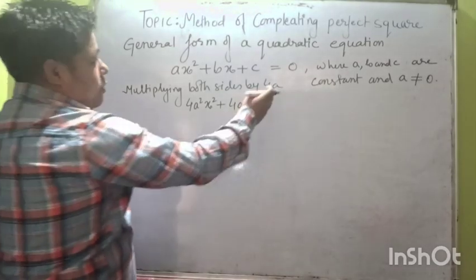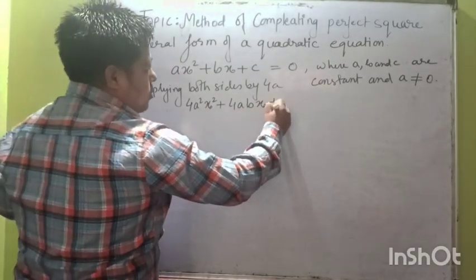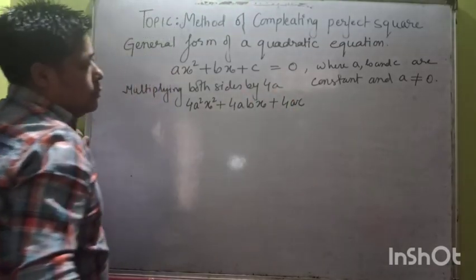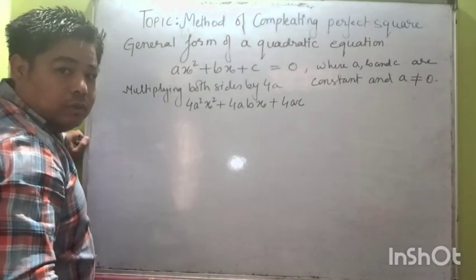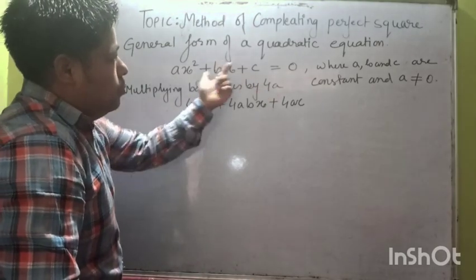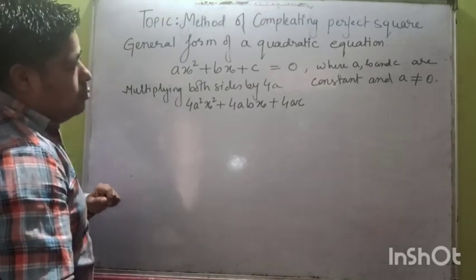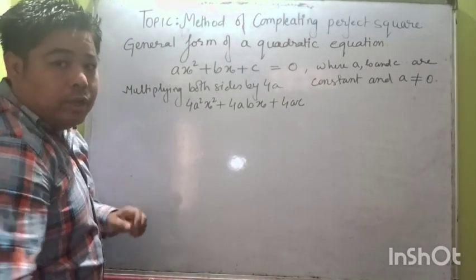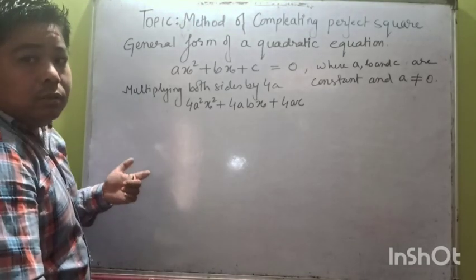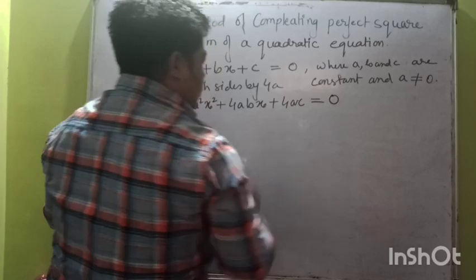Again, if we multiply 4a to the third term, that is c, then it will become 4ac. As we have already said that we are going to multiply 4a on both sides of the equation, we have to multiply 4a to the right hand side also. In the right hand side we have 0, and we know that when we multiply any number to 0, the result is always 0.